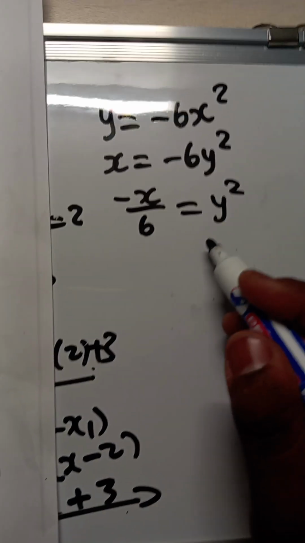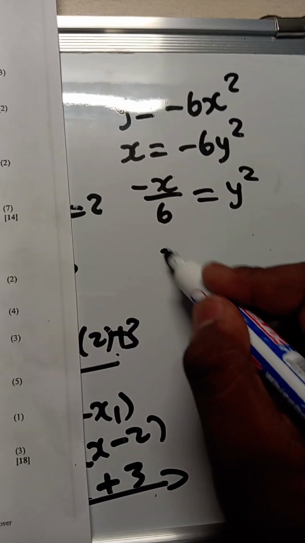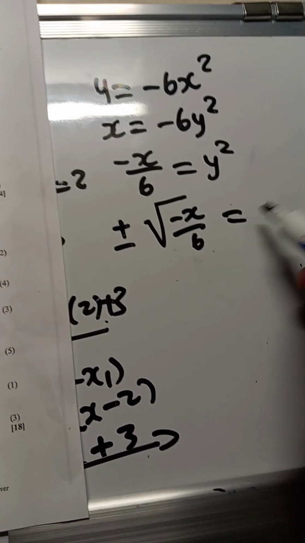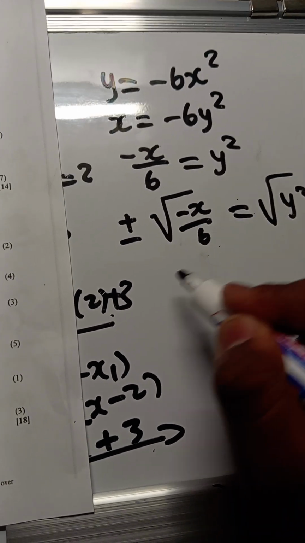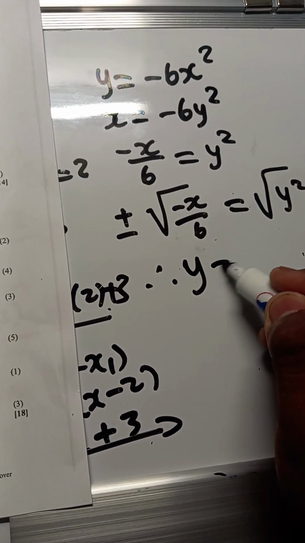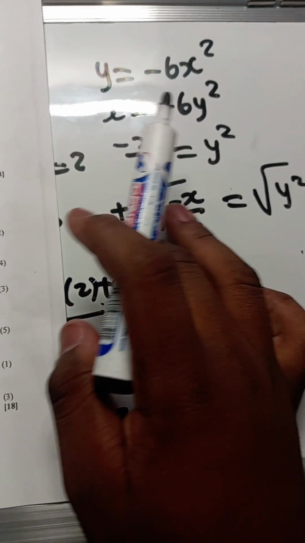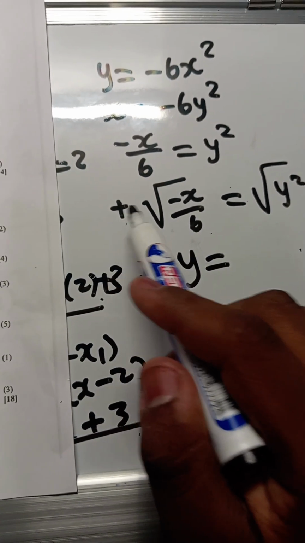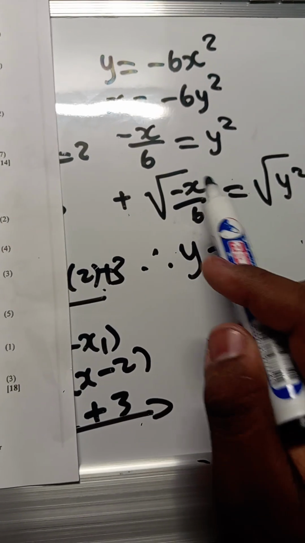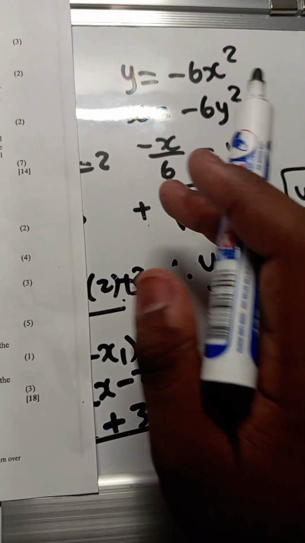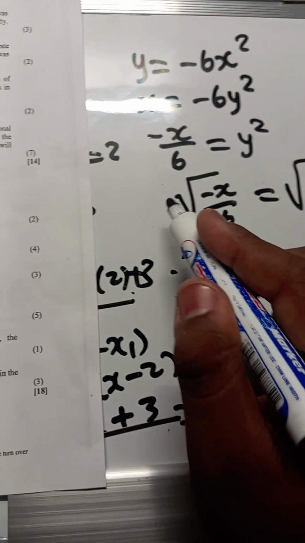To make y the subject, I have to take the square root, right? So this is going to be the square root of plus or minus negative x over 6 equals the square root of y squared. Therefore, y is going to be equal to... Now check something. If I consider the positive square root of negative x over 6, I can already see that this is impossible because there is no value for a negative number inside the square root.